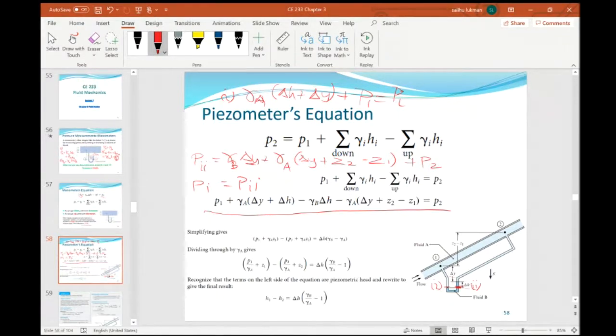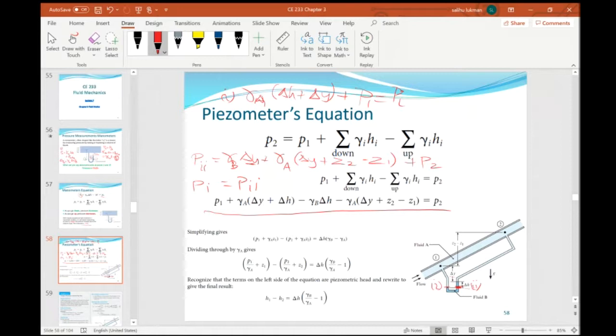Like I mentioned, the most important aspect is having the same horizontal level and developing the pressure expression for the right and the left sides. And then you simplify to find whatever unknown you need to find.